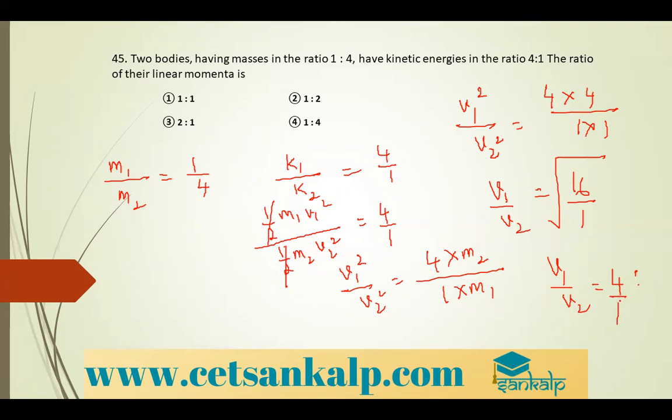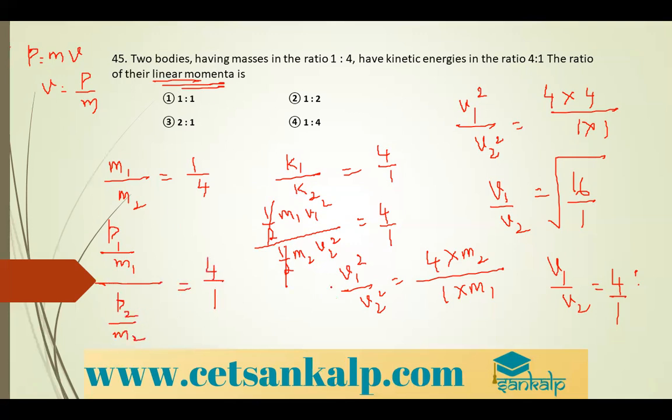Now what they have asked is the linear momentum. So this is v1 by v2. Now I know the formula: P is equal to m into v. So v is equal to p/m. Now I write p1 divided by m1 the whole divided by p2 divided by m2 is equal to 4/1.